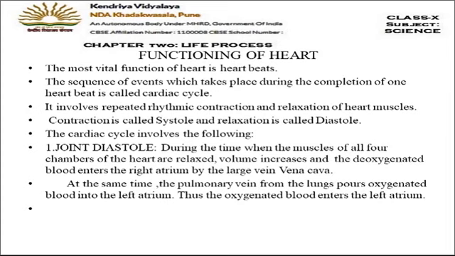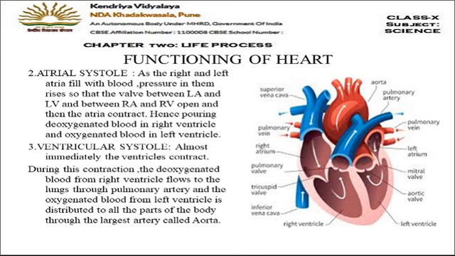Now let's see the next steps with the help of the diagram. This is the left atrium labeled here, this one is the right atrium, this is the right ventricle, and this is the left ventricle. In the joint diastole, all four chambers are relaxing. The right atrium receives deoxygenated blood from a large vein, the superior vena cava, and the left atrium receives oxygenated blood from the pulmonary vein.